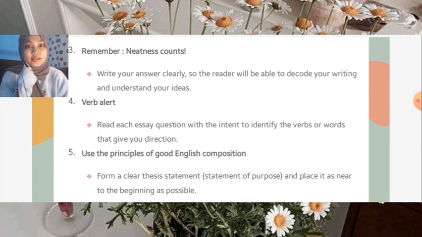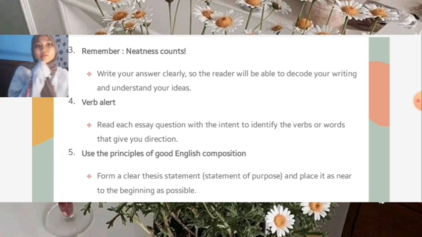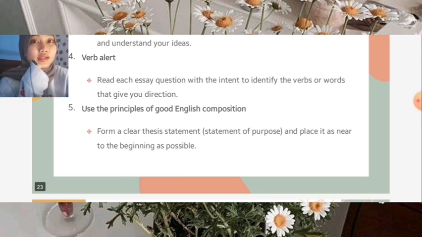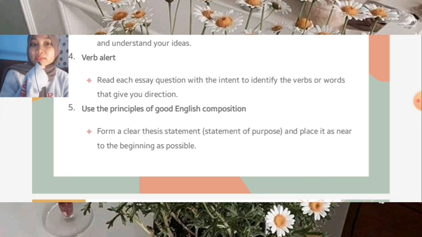Read each essay question with the intent to identify the verbs or words that give you direction. And last, use the principles of good English composition. Form a clear thesis statement or statement of purpose and place it as near to the beginning as possible.